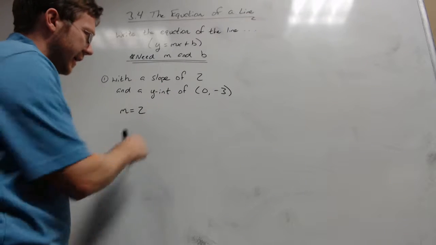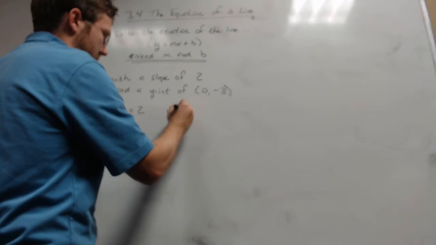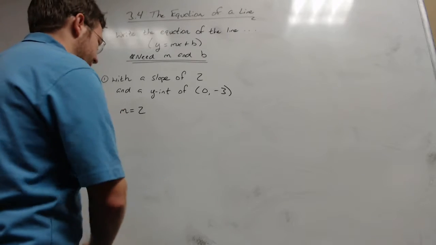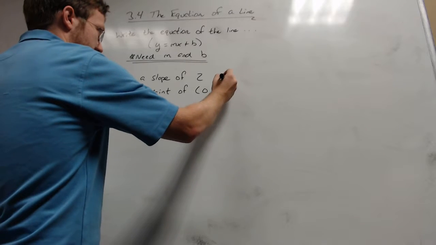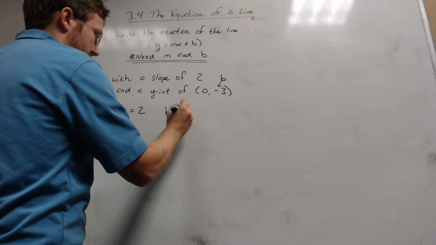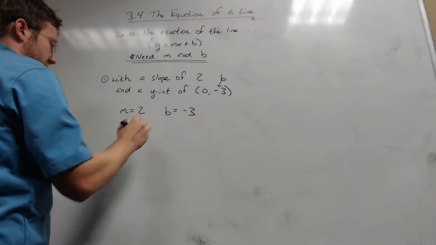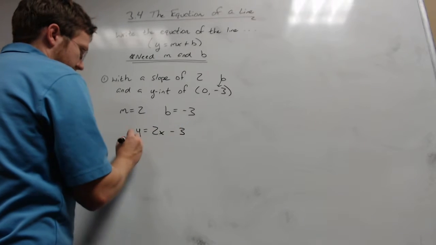That's our m. And I tell you specifically that the y-intercept, let's just call it b, is (0, -3). More specifically, this is the b value. b is -3. So if I have these two pieces of information, I can write the equation of the line: y equals 2x minus 3, and we're done.